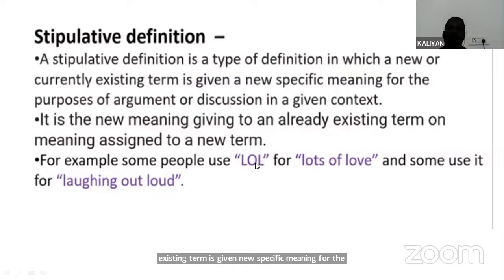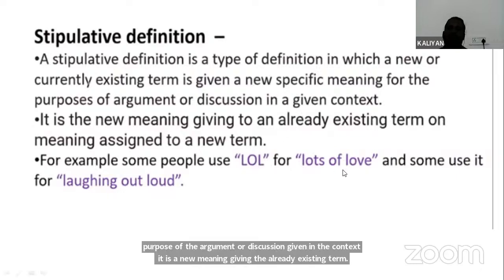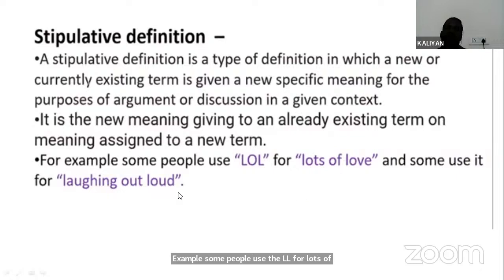Example, some people use LOL for lots of love, and some of us now use it for laughing out loud. So the word LOL is already there, but the meaning was lots of love. Now they are using it for a new meaning, a new definition, that is laughing out loud. That means the stipulative definition.